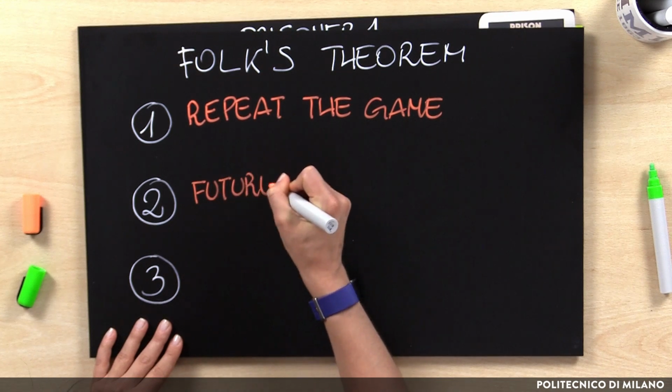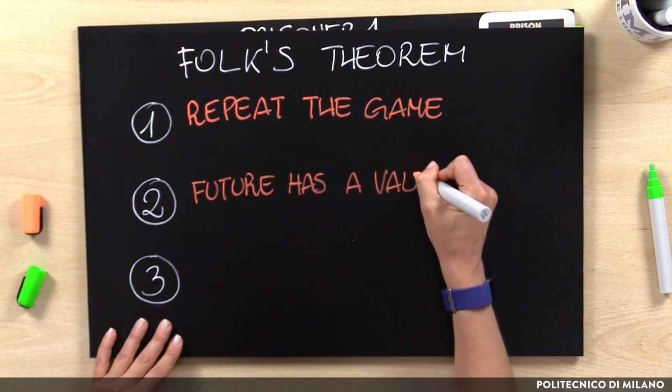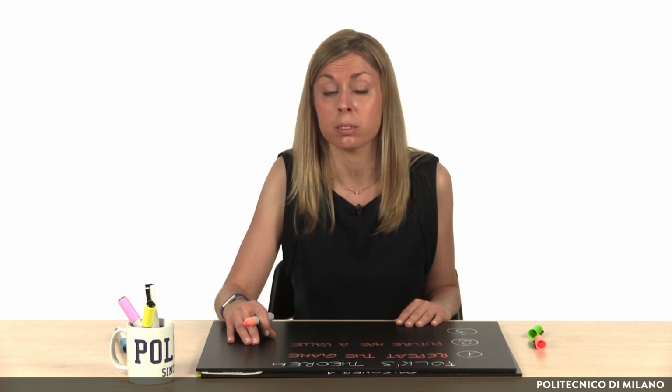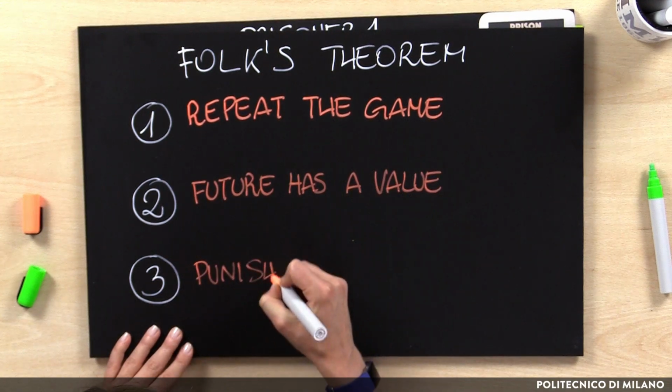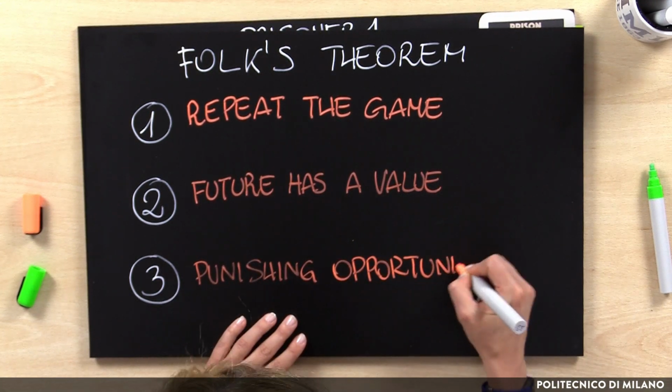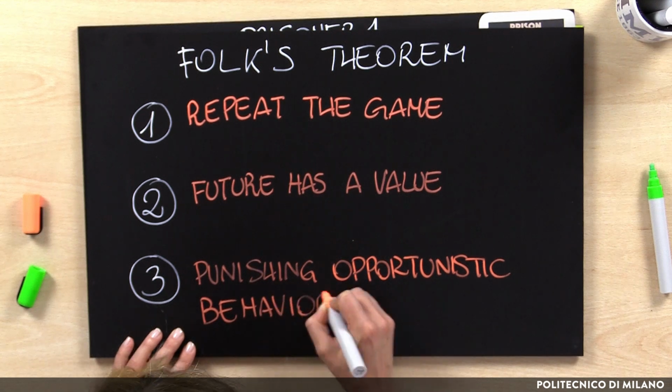Secondly, the future should have a value for both the players. The payoff gained through a single opportunistic behavior should be lower than the sum of the payoffs of several repetitions, discounted to the number of times the game is repeated. Finally, there is the possibility of punishing opportunistic behavior.